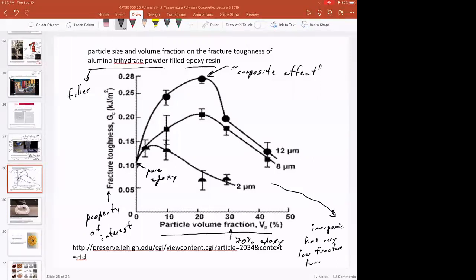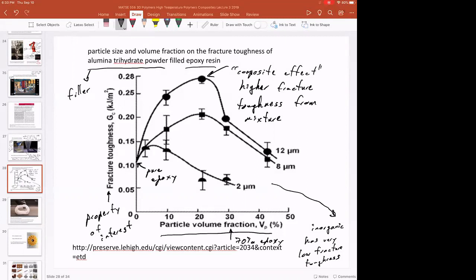And so this composite effect means that you get higher fracture toughness from the mixture.